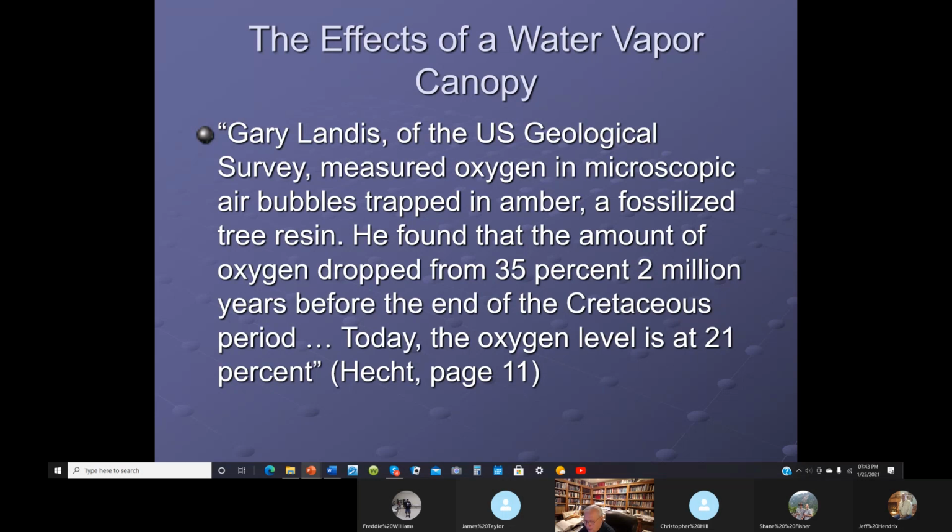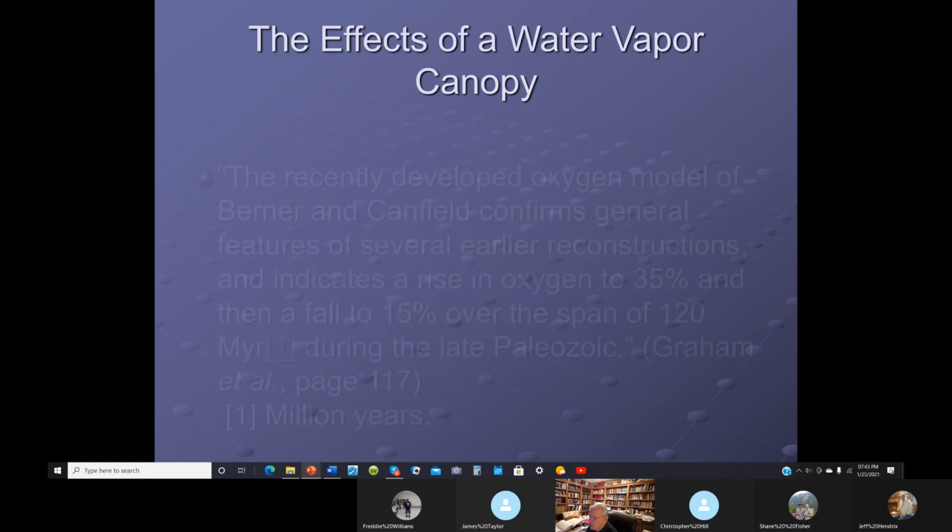So that would, I believe, create a situation where your body is not working as hard. You probably would live longer. Any questions or comments? But this is scientific evidence that it was 35% in the past.